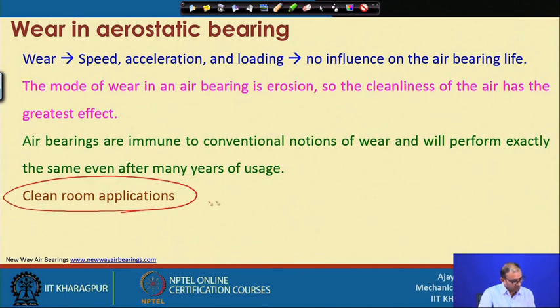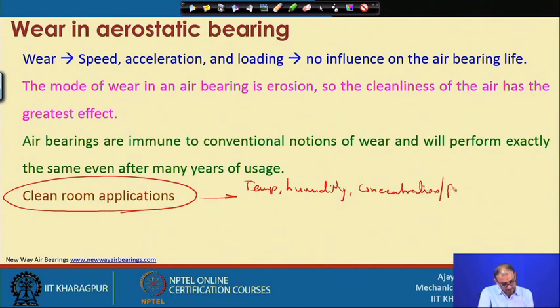A clean room is a specification where you can maintain the temperature, humidity, concentration or presence of particles or dust, and many other things.